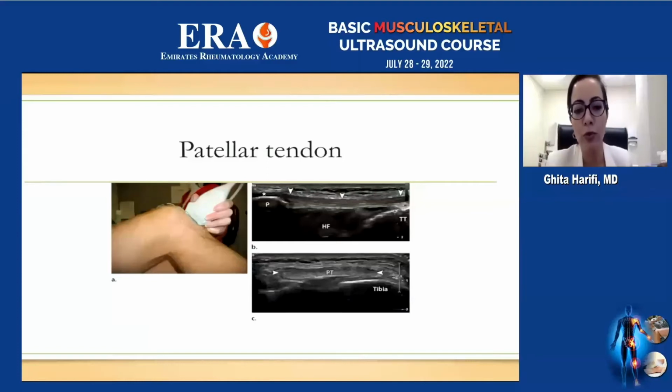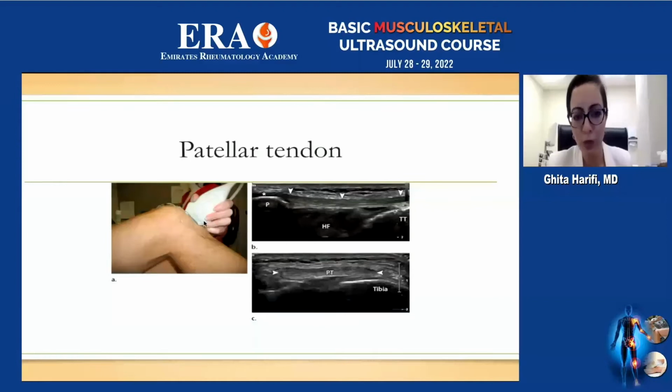You put the probe in a longitudinal view, proximally on the patellar insertion of the patellar tendon and distally on the tibial tuberosity. And you will be able to appreciate here the patellar tendon with its proximal insertion on the patella and distal insertion on the tibial tuberosity.